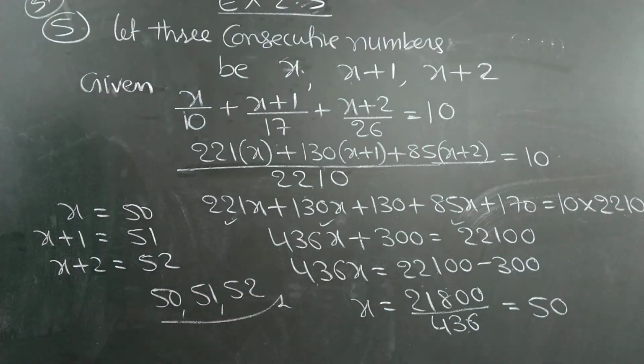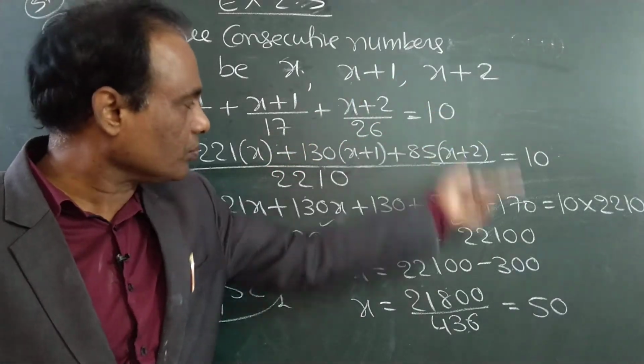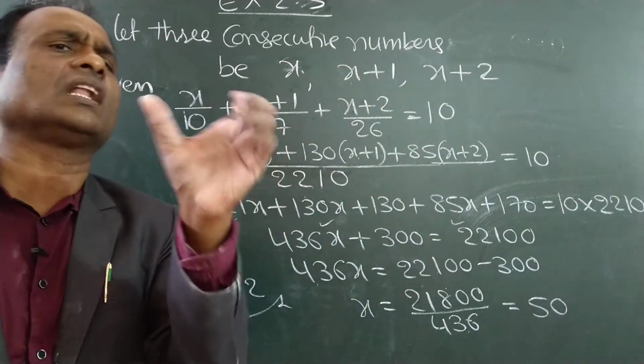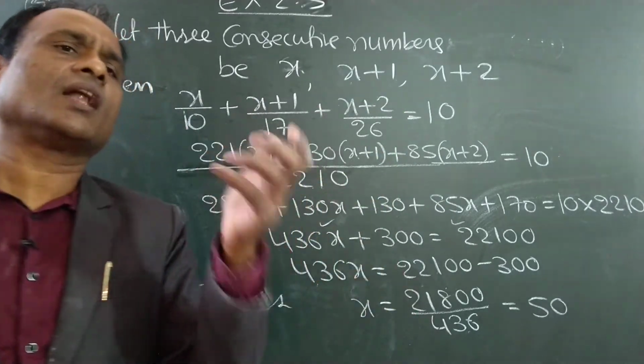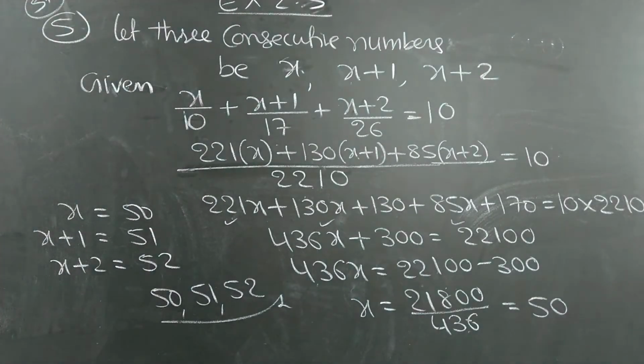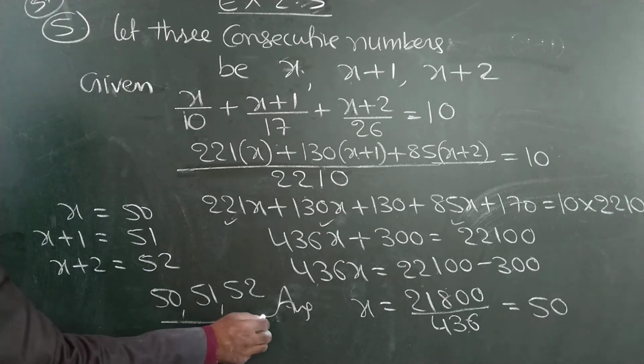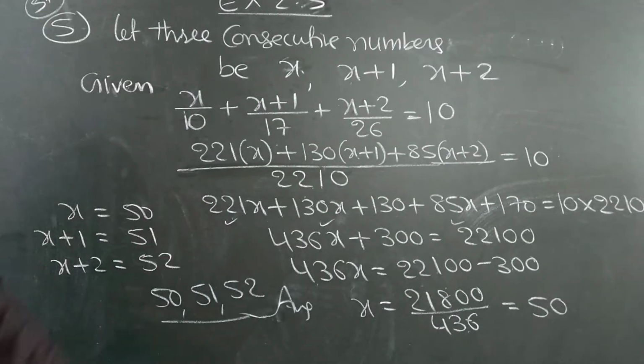If you take it to the right side and simplify, then cross multiply, it is the same process, but the numbers will be somewhat smaller. So you practice this once again. Do the simplification and all.